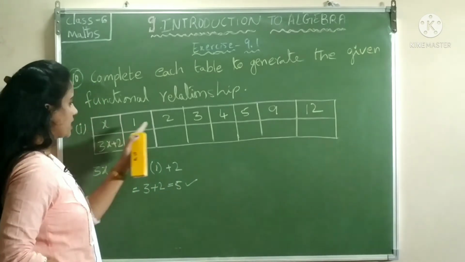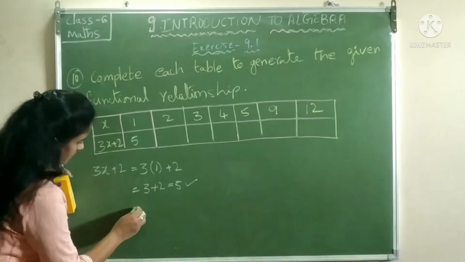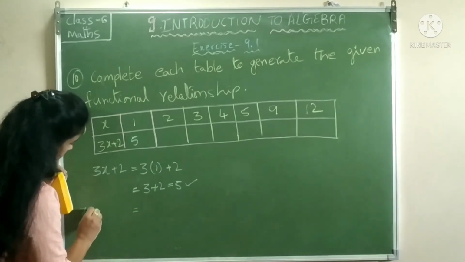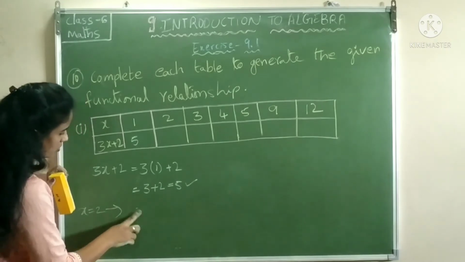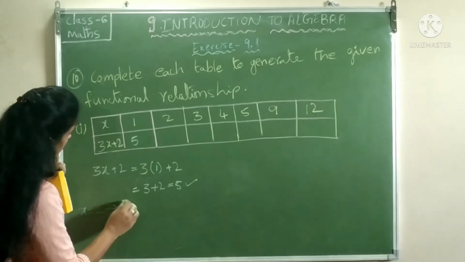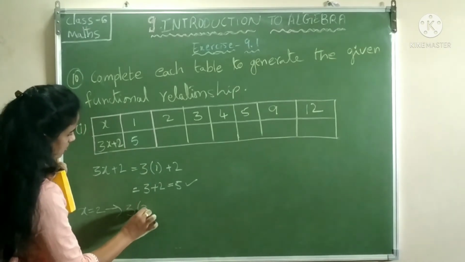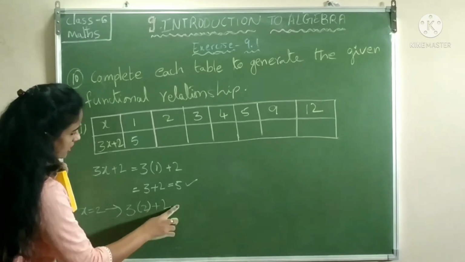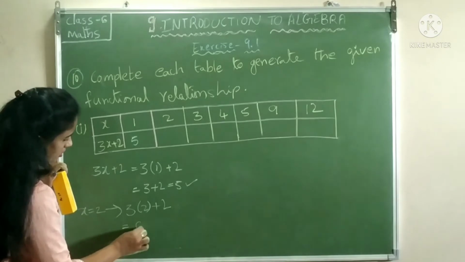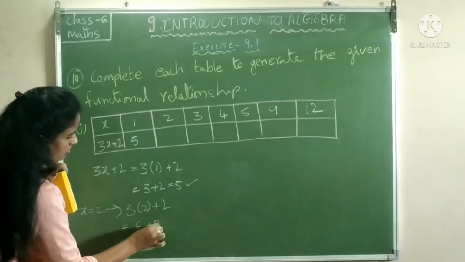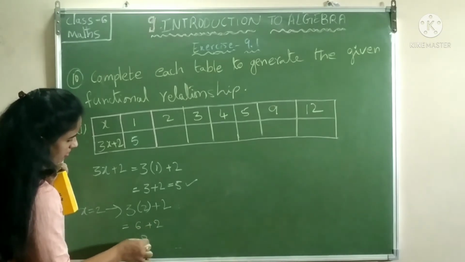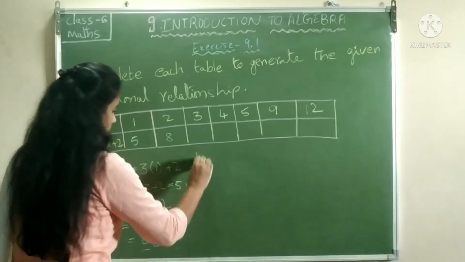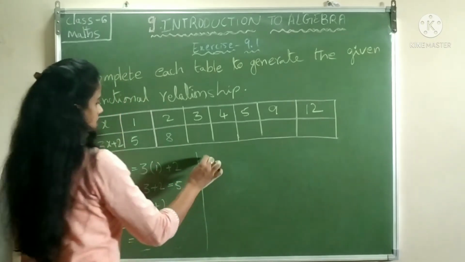If x is equal to 2, then 3 into 2 plus 2: 3 twos are 6, 6 plus 2 is equal to 8. Right here 8.